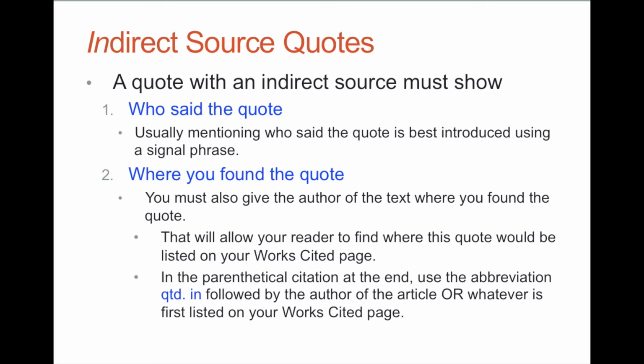Because again, in this example that we just looked at, the mayor didn't write the article. The mayors are often not writing anything. It's the reporters who are writing something. So if you don't go to the presentation to hear the mayor directly, then you, as the student writer, have to use the newspaper article or whatever source using the setup for an indirect source.